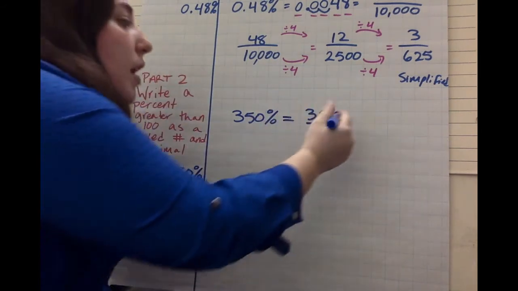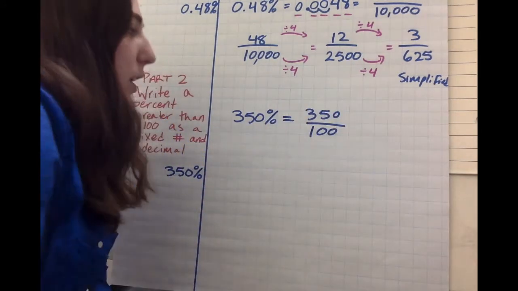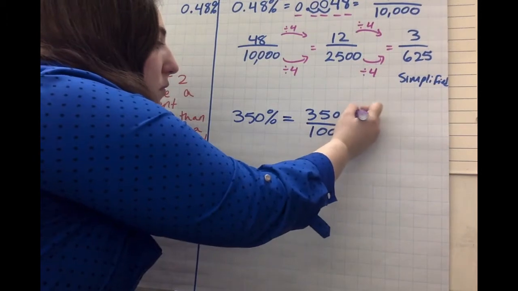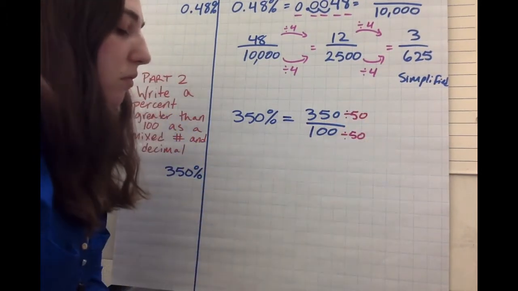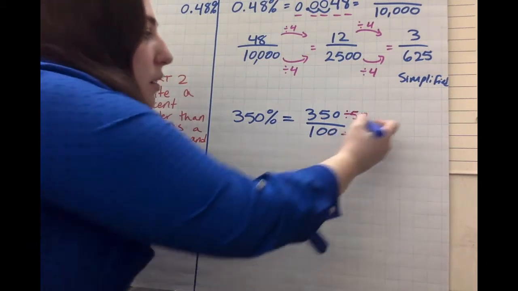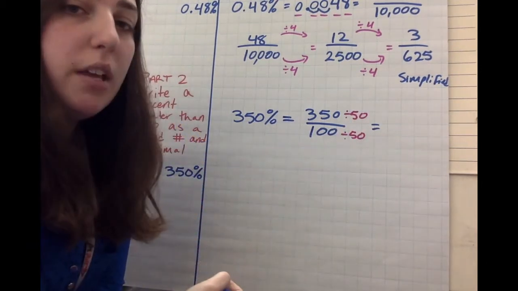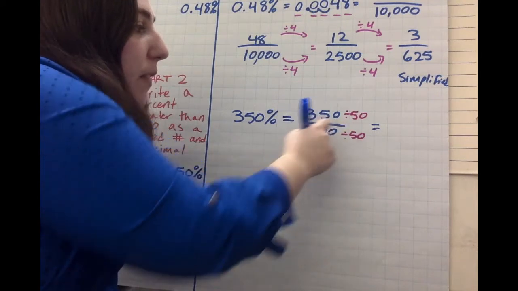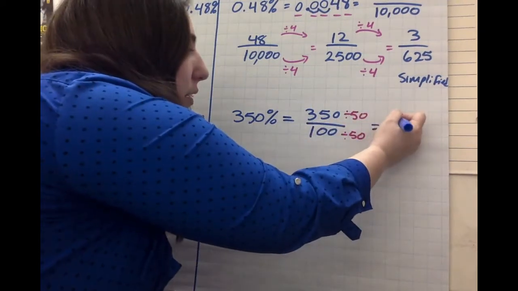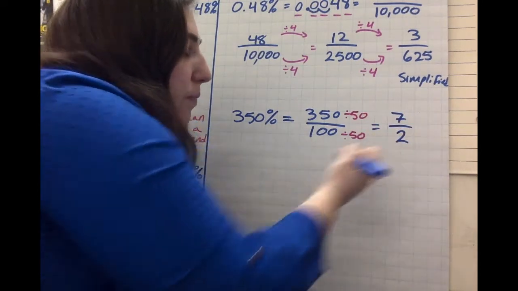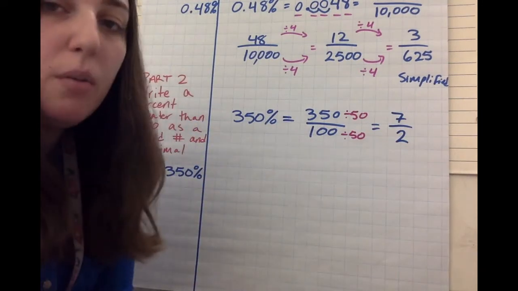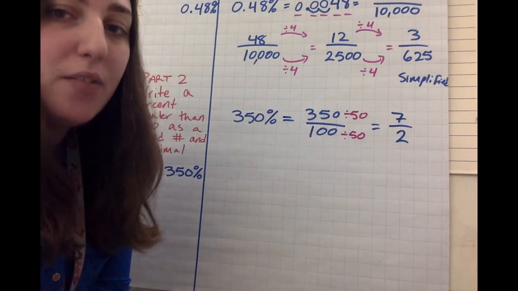So I'm going to divide both by 50. You can use your calculator for this. 350 divided by 50 is 7, and 100 divided by 50 is 2. So my fraction is 7/2.